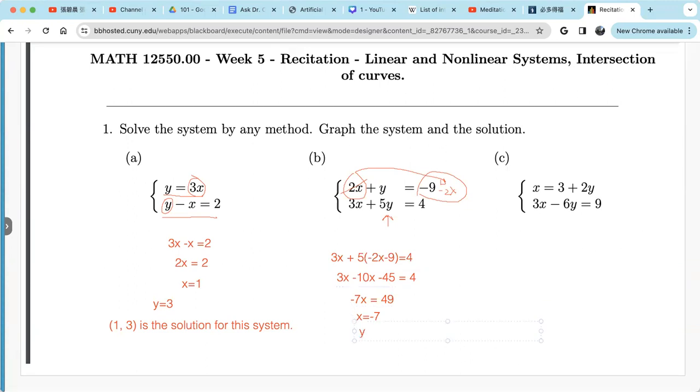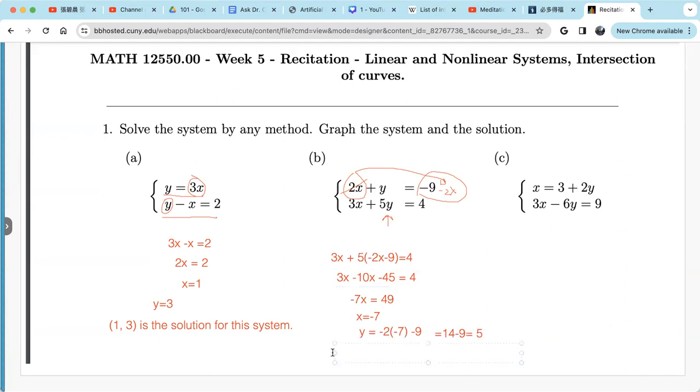Then we can substitute into y. y equals -2 times the x value, which is -7 now, minus 9. Well, -2 times -7 is positive 14. So 14 minus 9, which is 5.